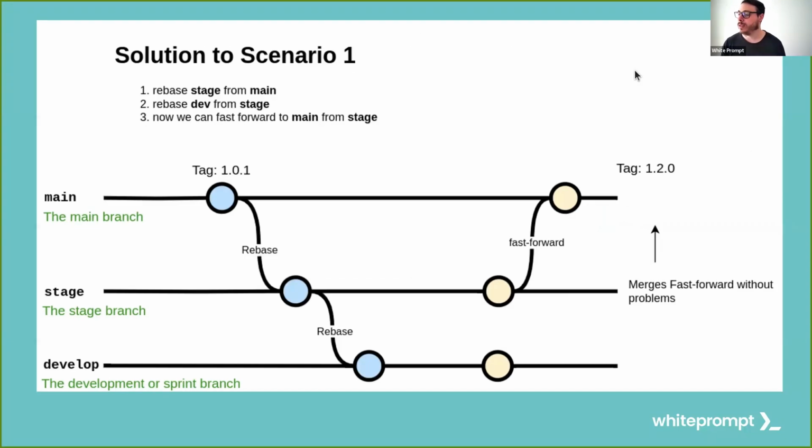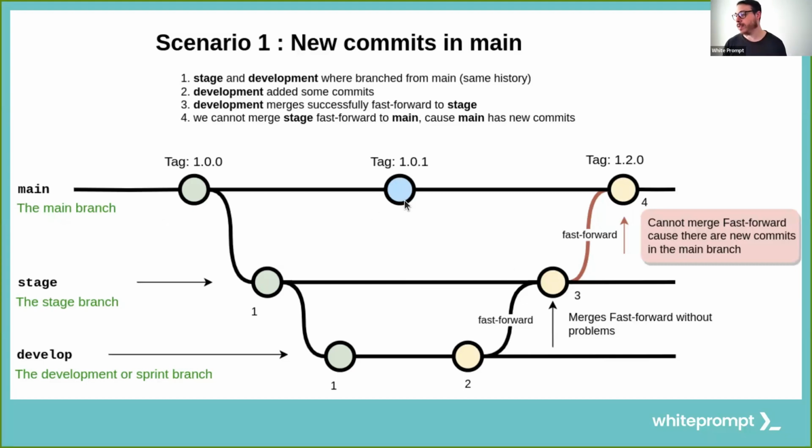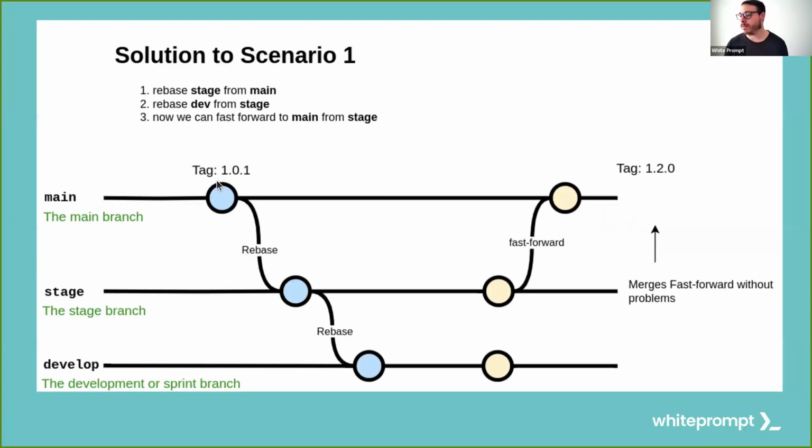That's where the things that we learned in the first part of the talk come together. The way we can fix this is, as you can see here, we have the light blue commit or light blue feature. Let's say it's one commit. We need to do a rebase from that commit. So we do a rebase with this commit hash into stage, and then we do the same for dev.